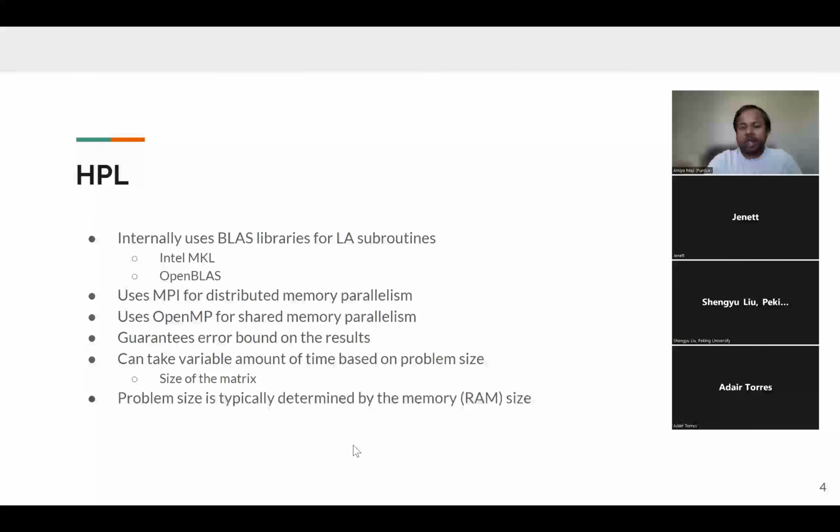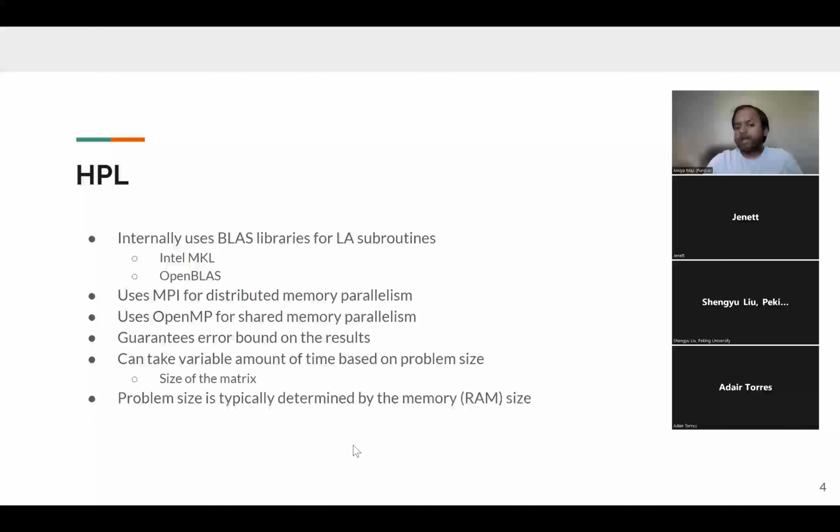Depending on how much RAM you have on your machine, you can only run a problem of that size, right? So your memory size is going to be basically the square of your array size, right? So it's an n by n matrix.